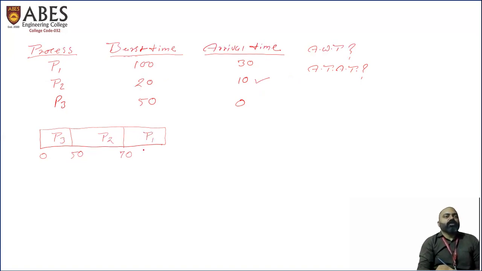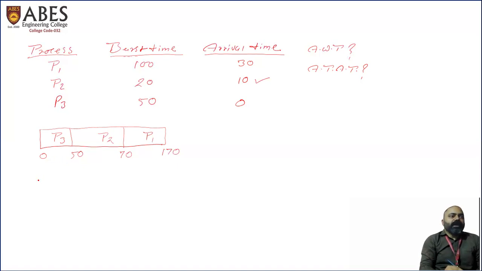Now we execute P1. What is the burst time for P1? It's 100. So total time will be 170. Okay. P3 for 50 unit time, then P2 for 20 unit time, then last P1 for 100 unit time. Our Gantt chart is prepared.